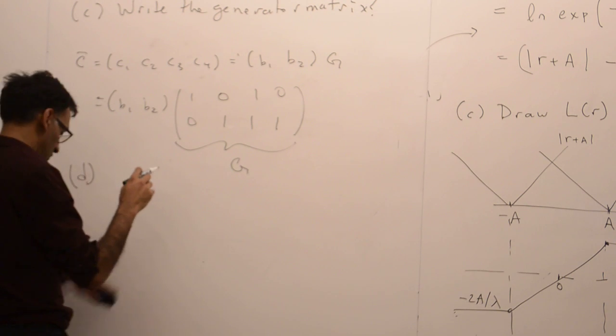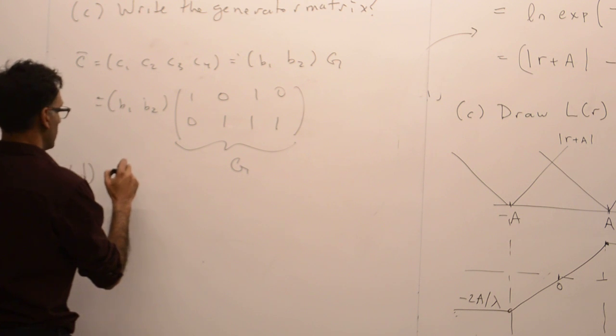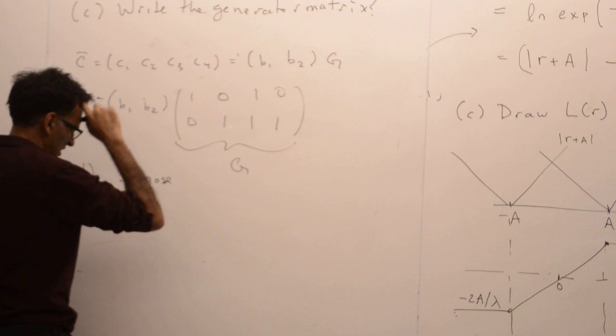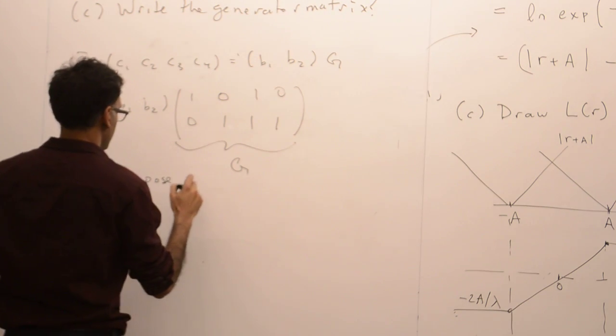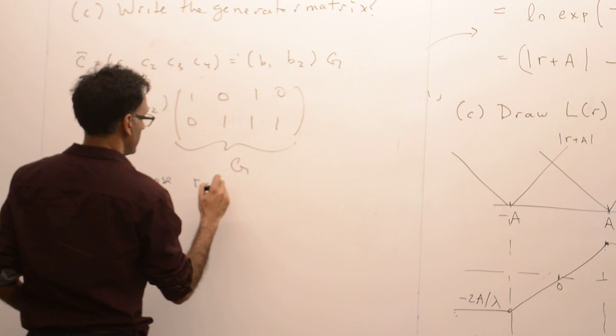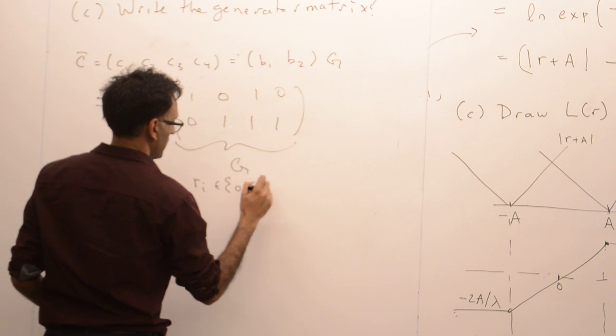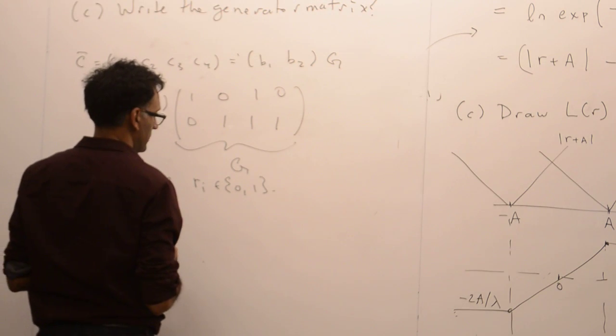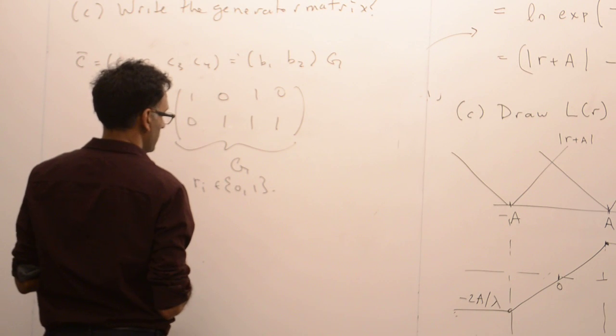Yeah, let's just do a quick thing here. All right. So, we get symbols R_i, say 0 or 1. Let's just draw it like this.